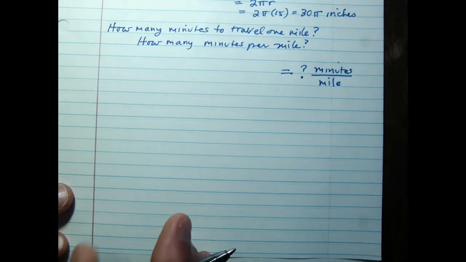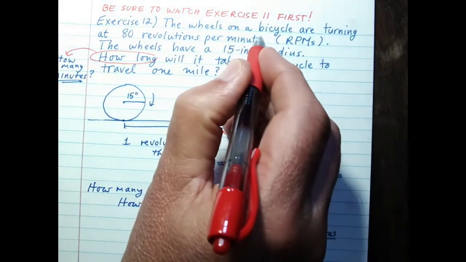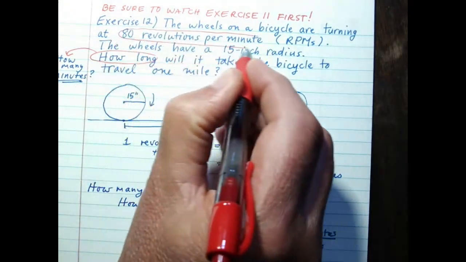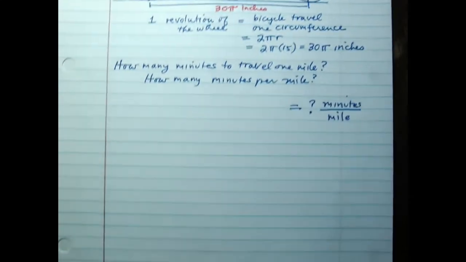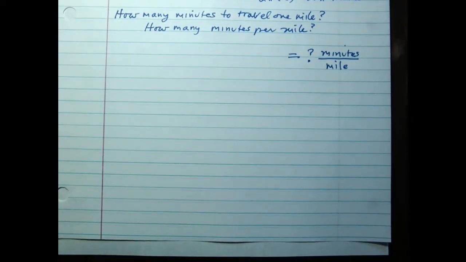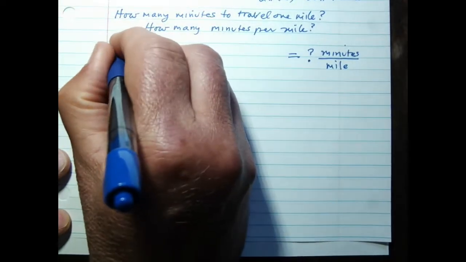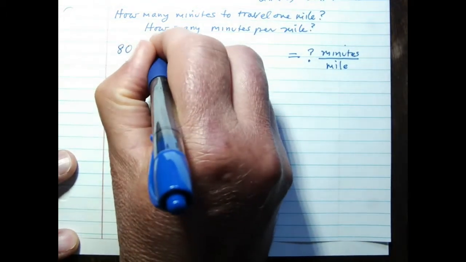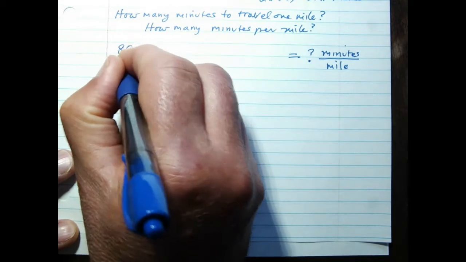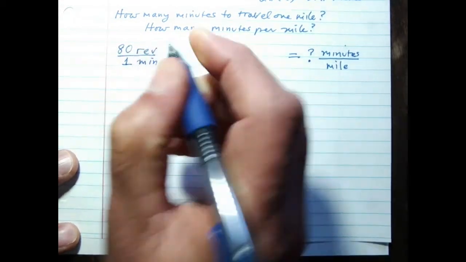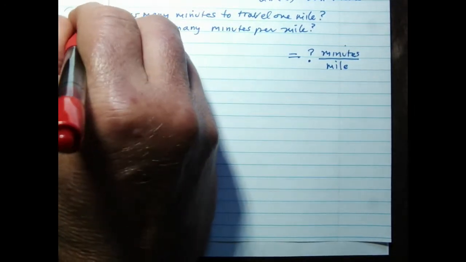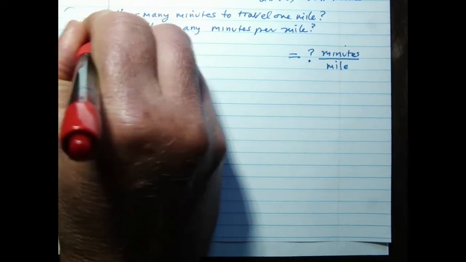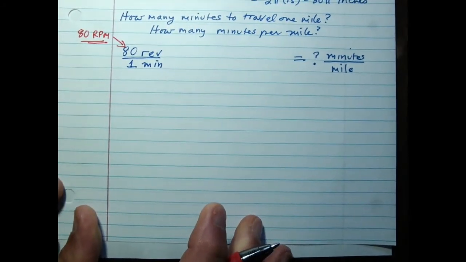Now the only units given in the statement of the problem are that 80 revolutions per minute. So that 80 RPMs I can write as 80 revolutions per 1 minute. That's the same as my 80 RPM, but I'm expressing it as a ratio, as a fraction.